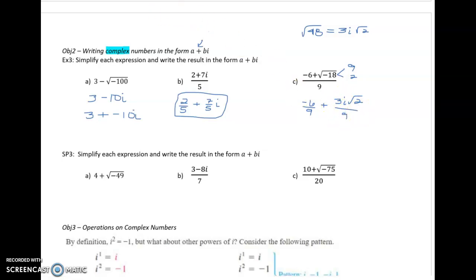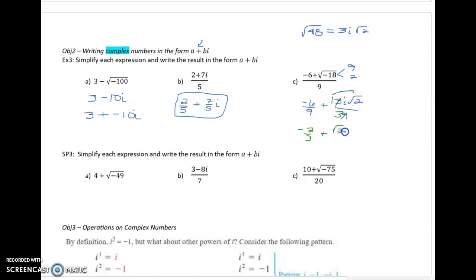The next step is to reduce your fractions. I'm going to write it underneath. Negative 6 over 9 reduces to negative 2 over 3. 3 over 9 reduces to 1/3. So if you divide by 3 and divide by 3, you get 1/3. But that 1 is being multiplied with the square root of 2.